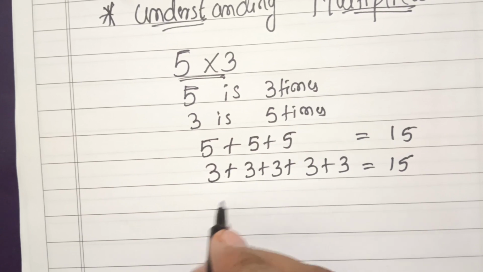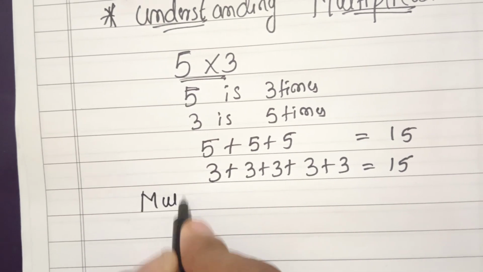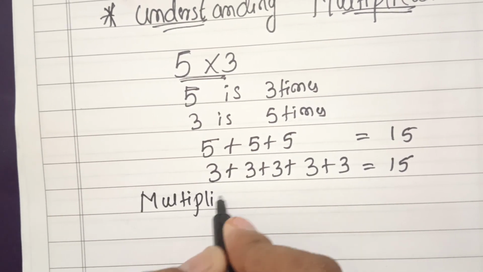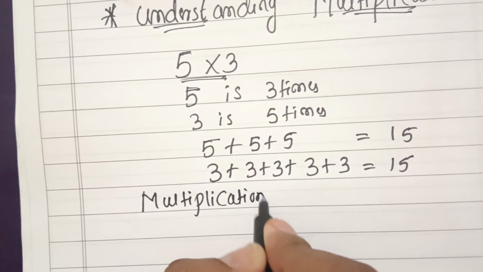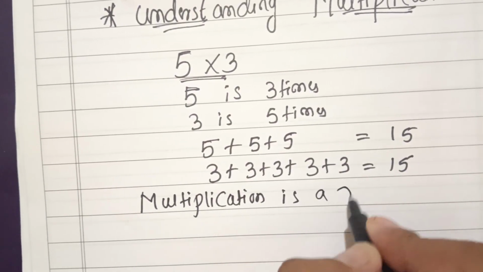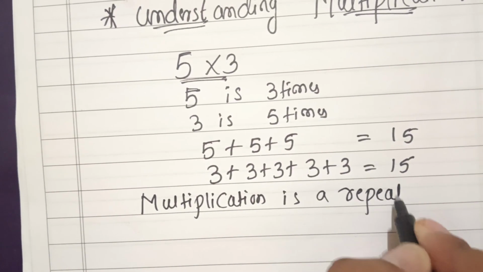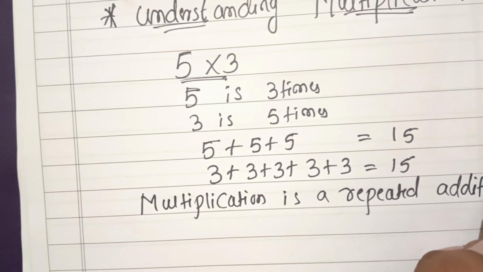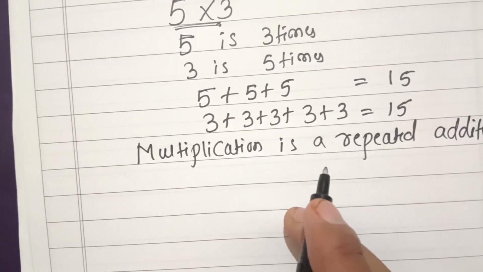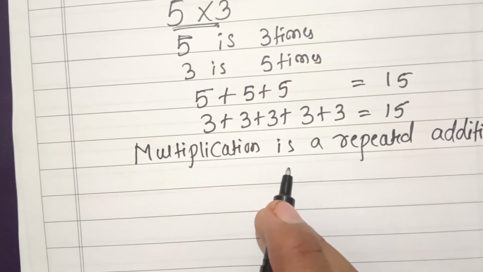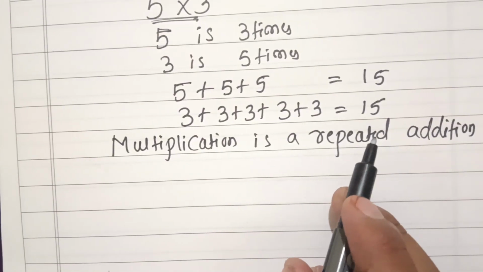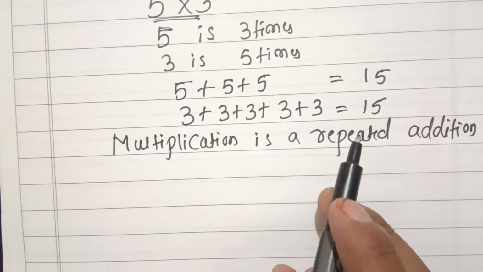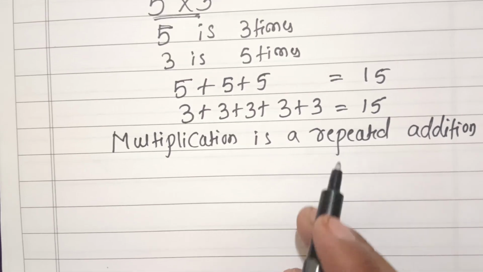So simply we can say multiplication is repeated addition. We use multiplication so that instead of always doing addition of bigger numbers again and again, we will use multiplication.